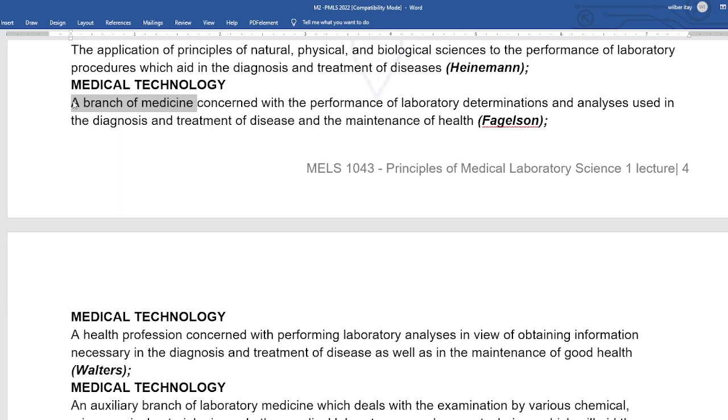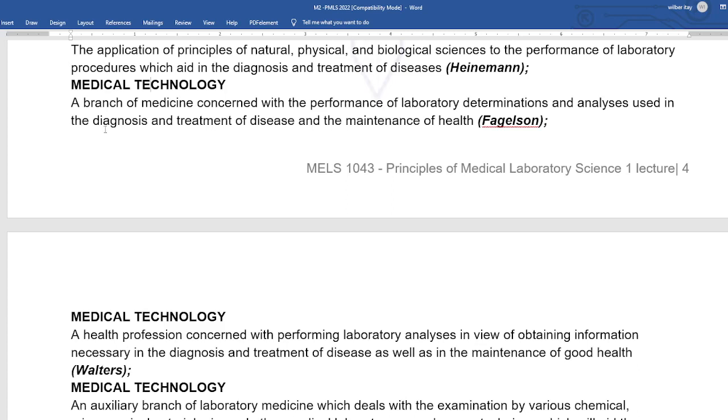So those are also discussed in medicine. Here in the definition made by Fagelson, it states that medical technology is a branch of medicine, but for Walters, this is a health profession, and both are actually correct.